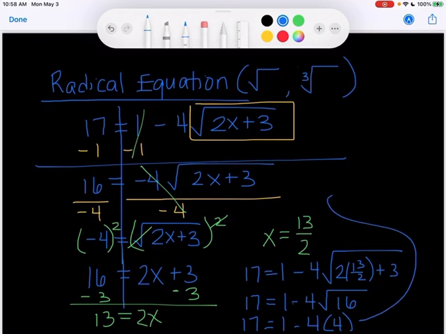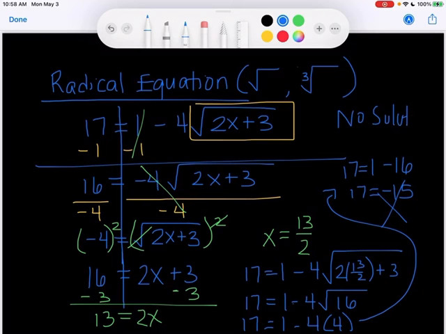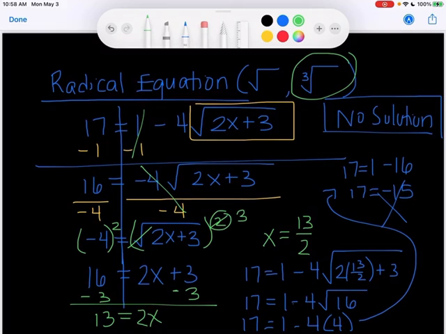So we get 17 equals 1 minus 16. Well, that is not true. 17 does not equal negative 15. So there is no solution here. And then just keep in mind, if you're solving these with cube roots, instead of squaring both sides, you would have to cube both sides, which means raise it to a power of 3.